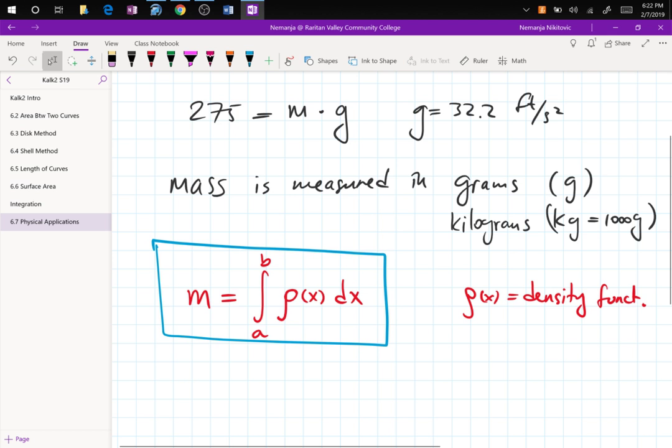If this metal rod had no holes, it would be uniform density everywhere. And guess what? I don't need the integral. Just use the basic formula, mass times the volume, you're done. But in this case, we have variable density. Now you will see variable density everywhere. Clearly, for your cars that they drive.